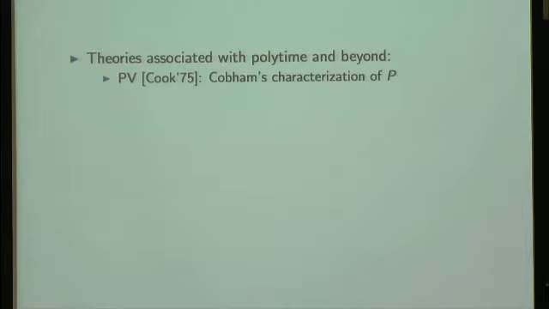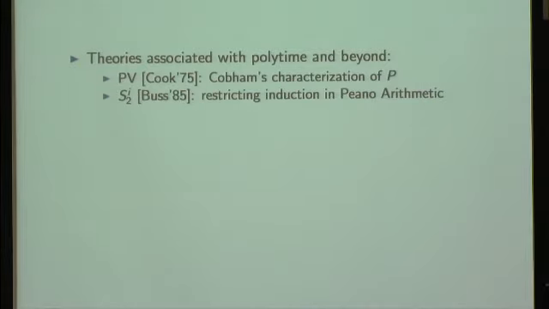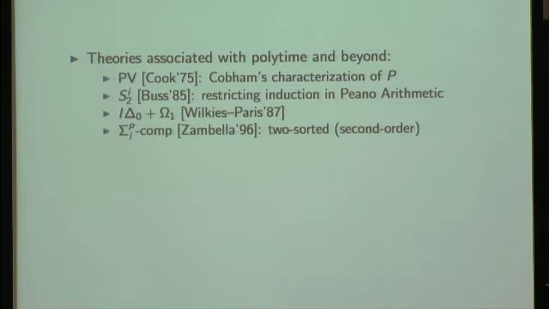These include Cook's system PV, which is an equational theory based on Cobham's characterization of polytime. Buss's theory S^1_2, that you have seen, which is obtained from Peano arithmetic by restricting the induction axioms. This is the same as the Omega-1 theory by Wilkie and Paris.